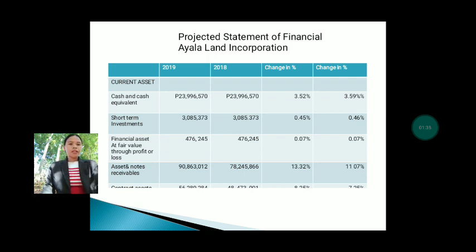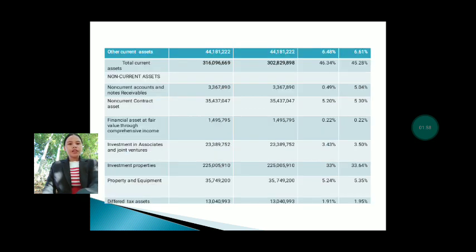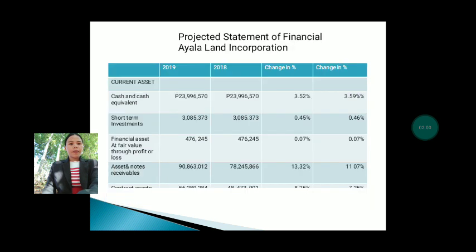We solve the vertical analysis like this: cash and cash equivalents divided by the total assets. The total asset amount is 682,087,253, and the amount of cash and cash equivalents is 23,996,570.